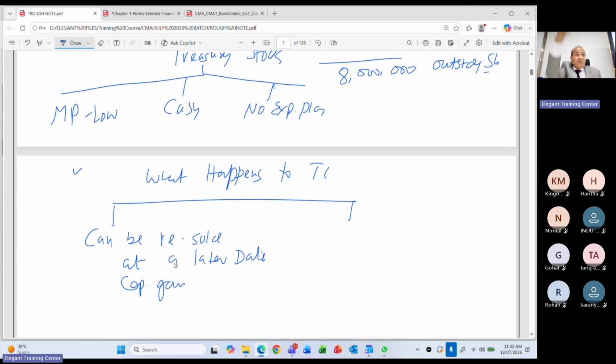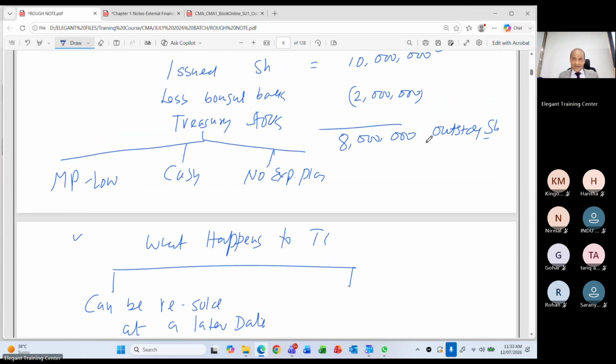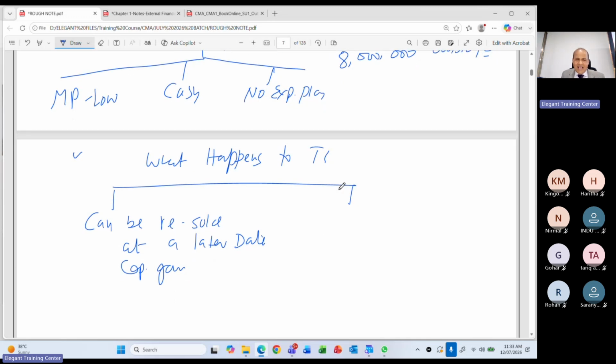When the company buys back the shares, the outstanding shares are reduced, so the supply is reduced and the market price will increase. When the market price increases, the same company that bought at 8 will now sell at 12. So from the resale, they will make capital gain.